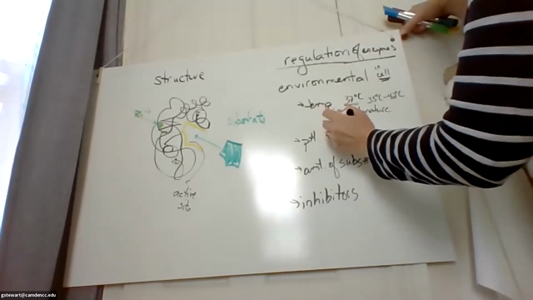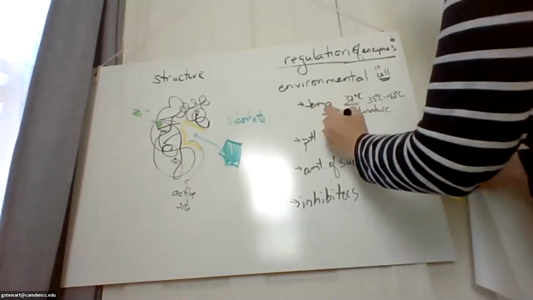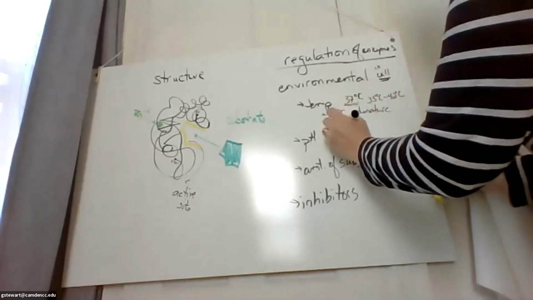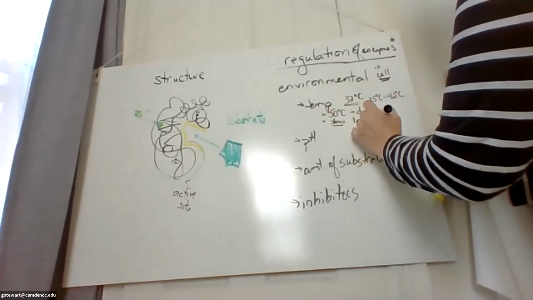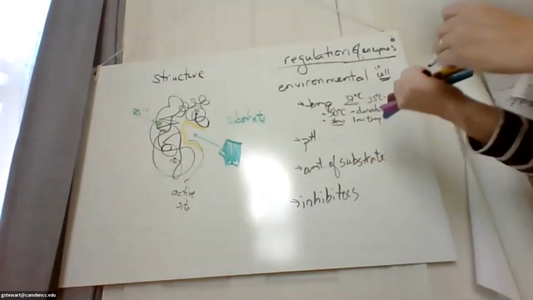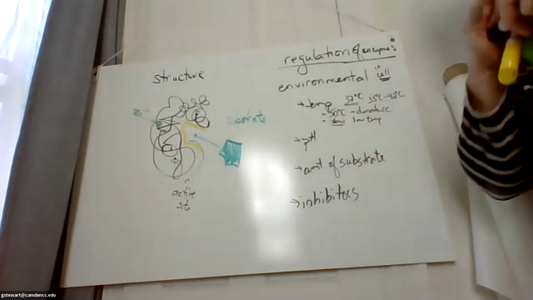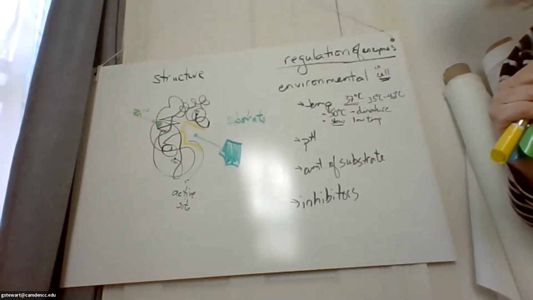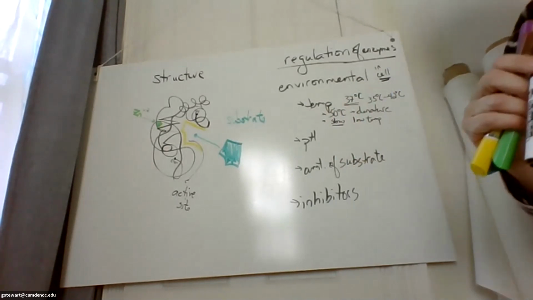Cold is not as effective. Low temperatures are going to slow enzymes down, but will not necessarily completely inactivate them. Freezing, maybe, but you have to freeze literally at like minus 20 degrees Celsius if it's an organism that can cause disease in humans.